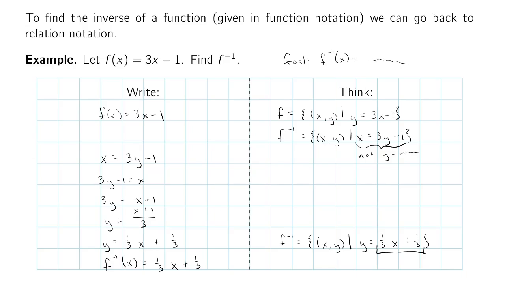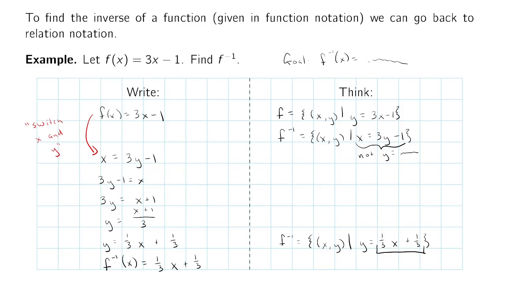Now, this step right here, the one that we shifted our brain back into relation notation for, is the weird, mysterious step in finding the inverse. We usually describe this in words as switch x and y.